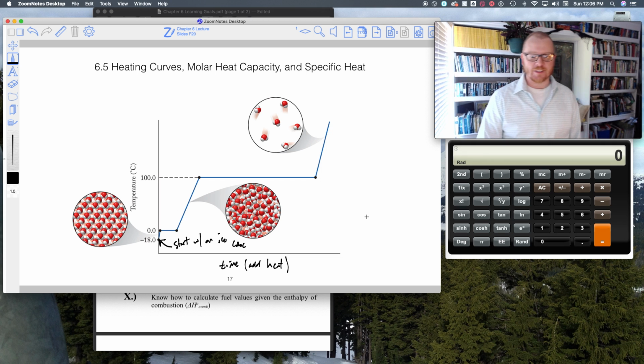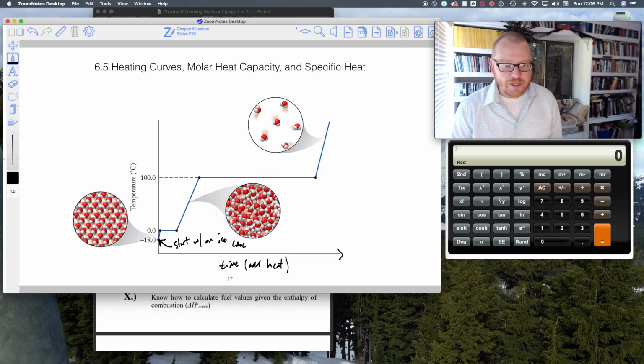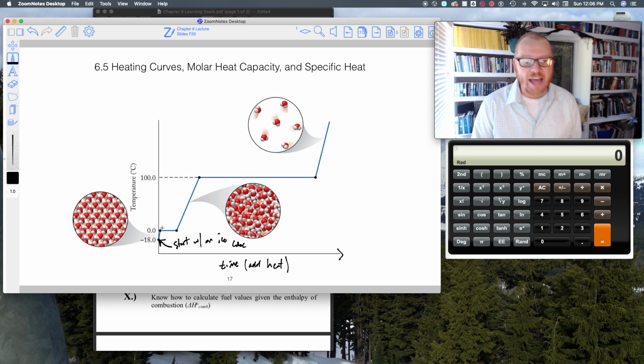You can view this as we're progressing this way, our material is getting hotter and hotter. And here is the temperature of our material. You notice that it hits a plateau at 0 degrees and will remain at that plateau for a period of time. So what's happening at this plateau?